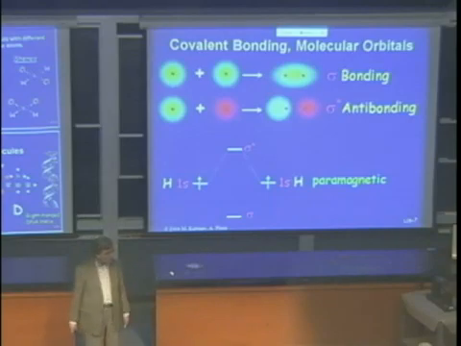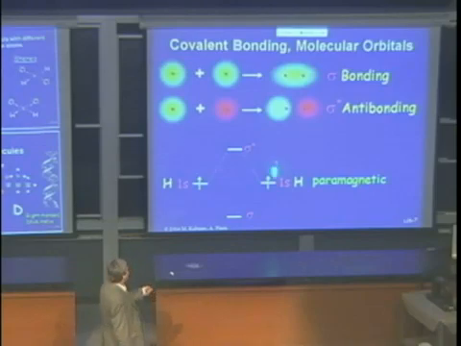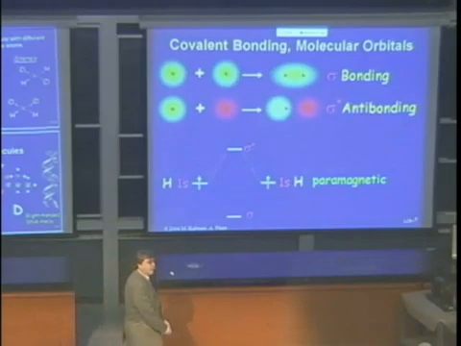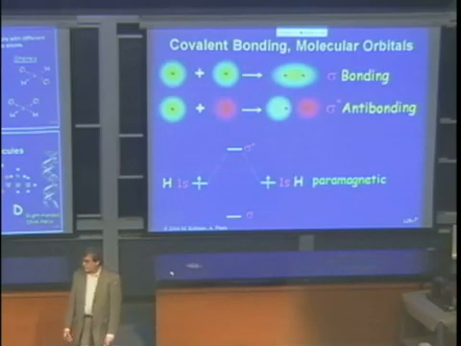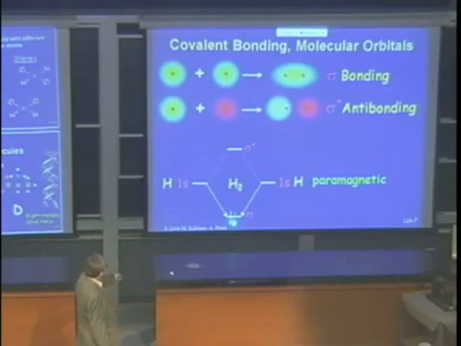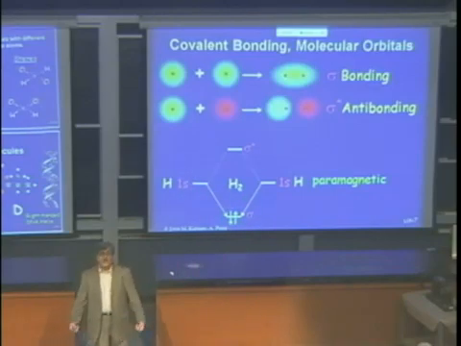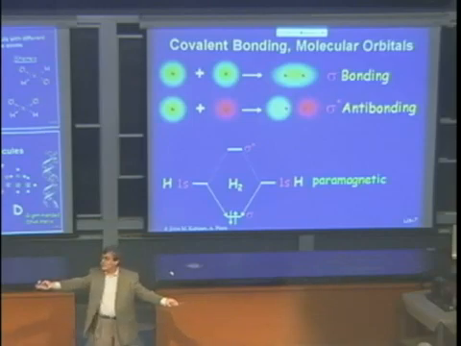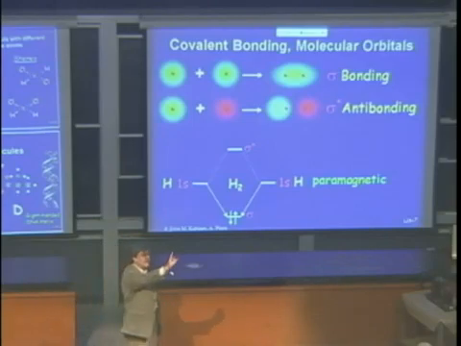Now we distribute each electron into the lowest bonding state, following Pauli's principle and Hund's rule, but we have only one here, so it's no big deal. Now we have two electrons in the bonding sigma molecular orbital. So we have a sigma bond. That's all it means.